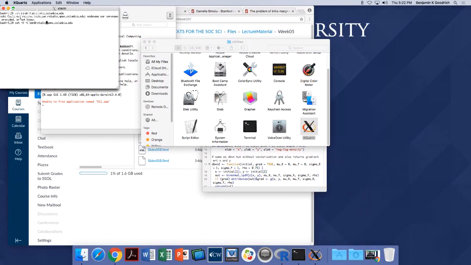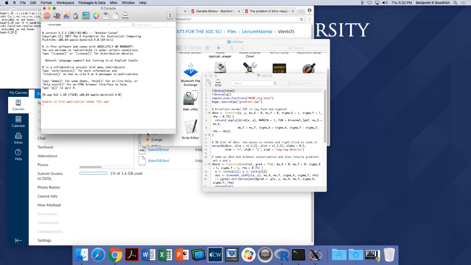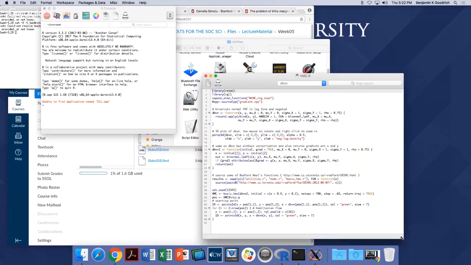Did I spell that right? Okay, not working. And this is not going to have a C++ compiler on it. Okay, you can try this at home.